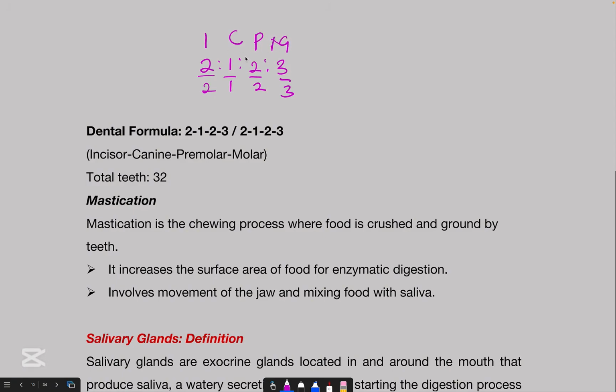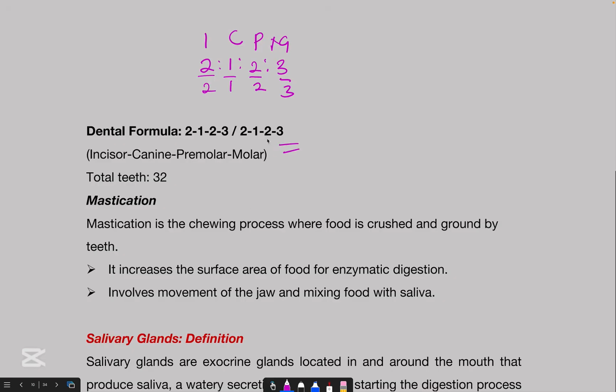Just remember 2123. Put it at the back of your mind. The first 2 is incisors, then 1 canine, 2 premolars, 3 molars. Memorize it: 2123 ICPM, the dental formula for man.